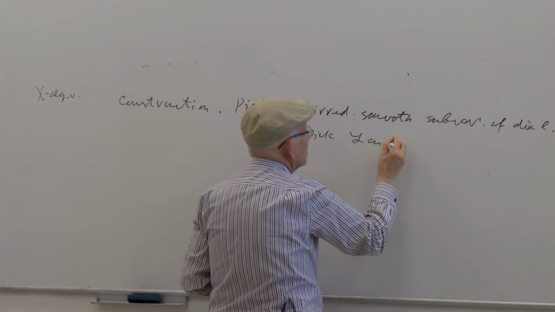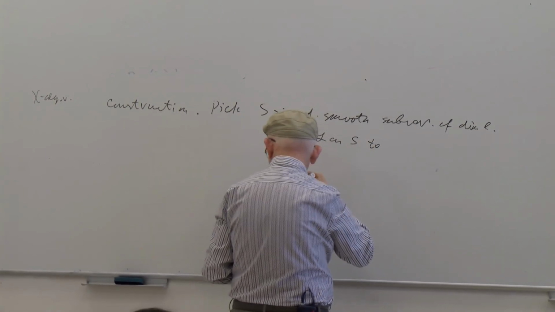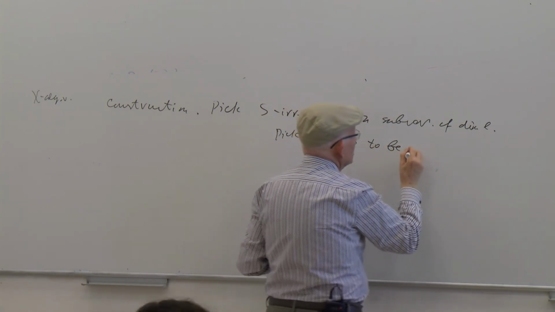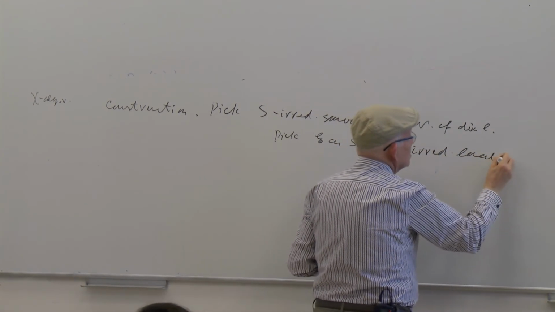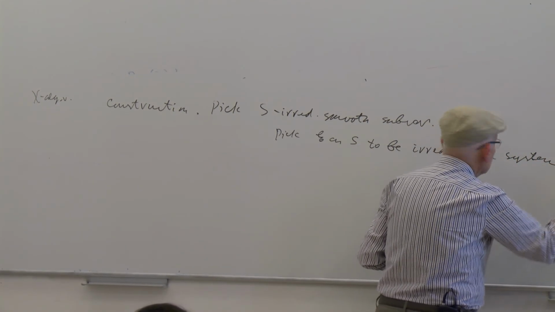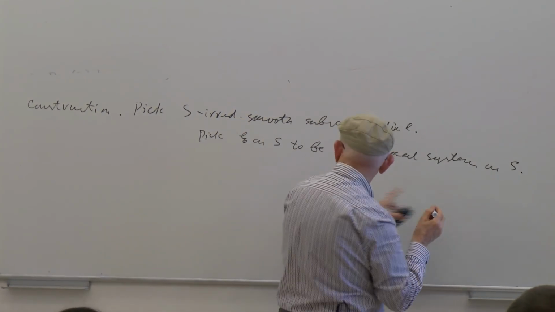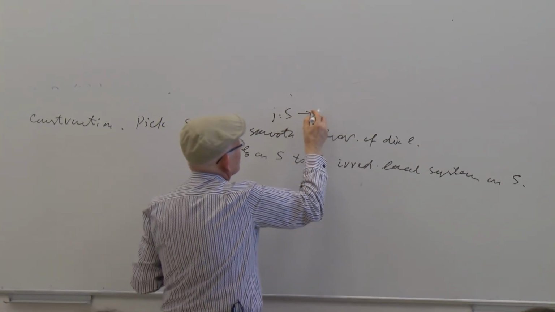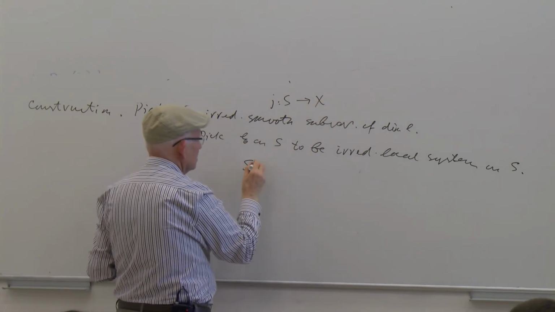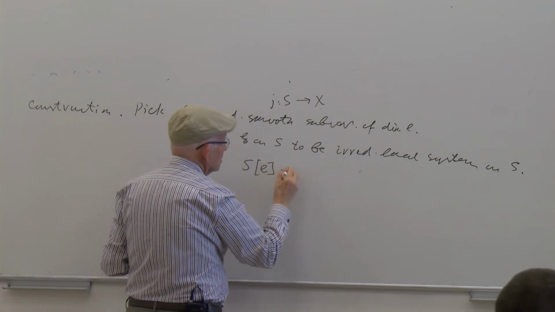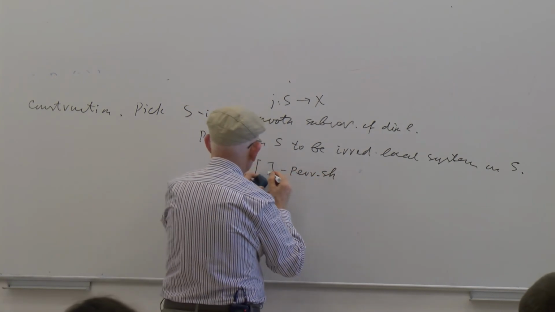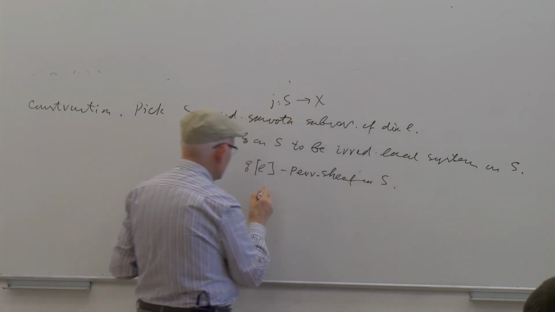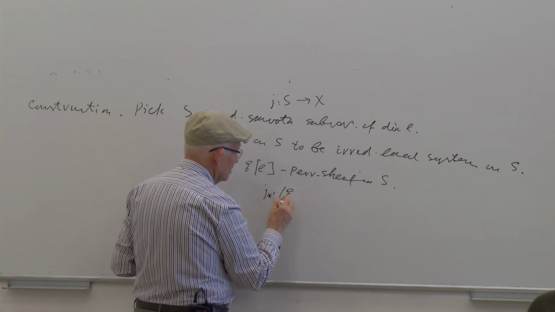Pick E on S, usually I denote it E, to be an irreducible local system on S. So I consider J, an embedding of S into X. Then consider E shifted by the dimension L, which is a perverse sheaf on S. And now I consider J star of this perverse sheaf.